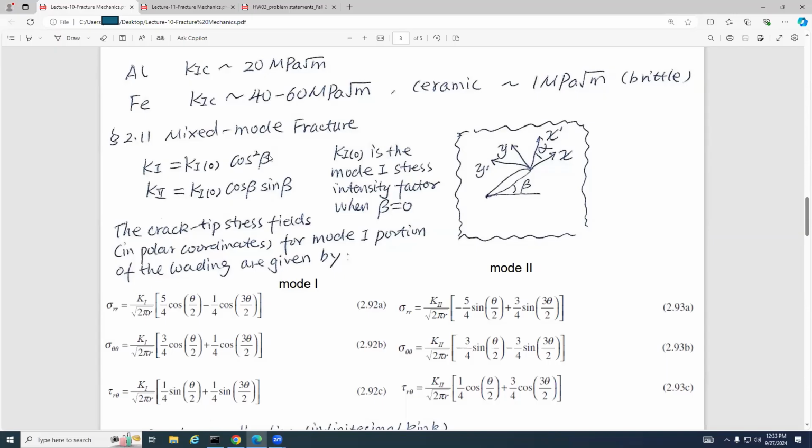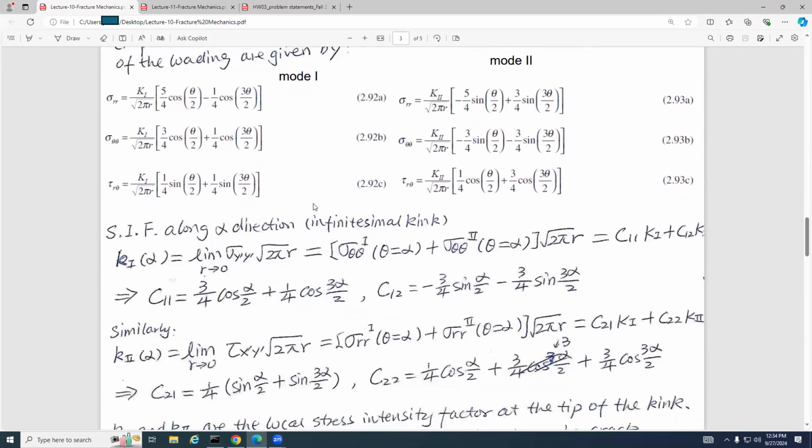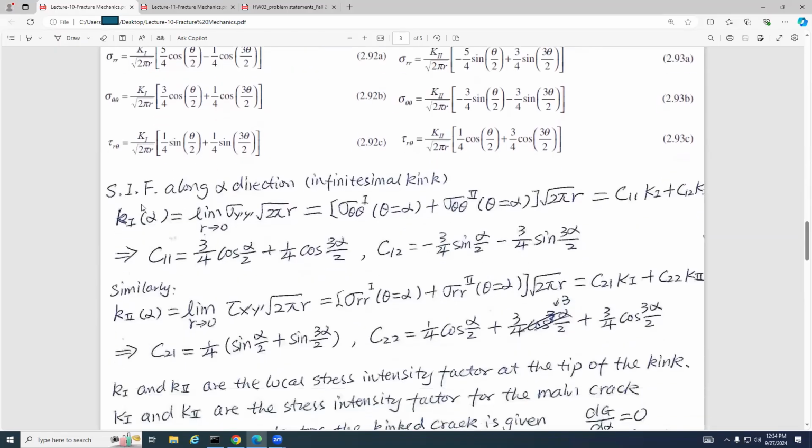The same thing for mode 2. This is K2, because this is the sliding mode. So for the stress intensity factor along the alpha direction, the infinitesimal kink, we can use k1 alpha. We take the derivative of sigma yy, and when R goes to 0, we can use this one.